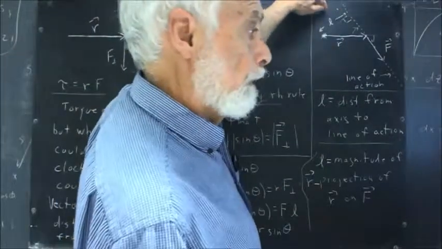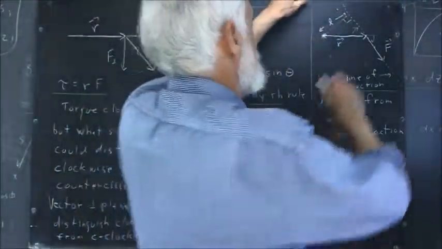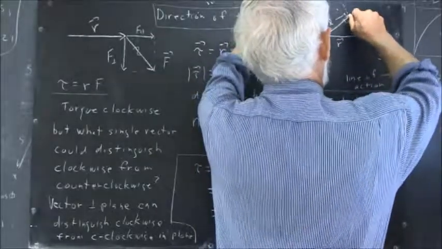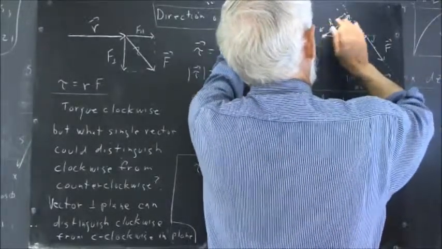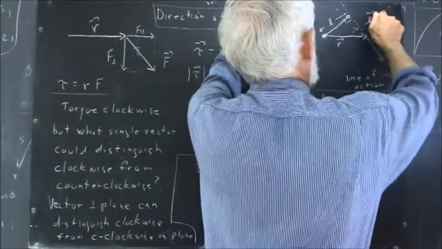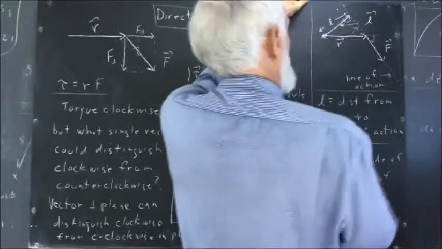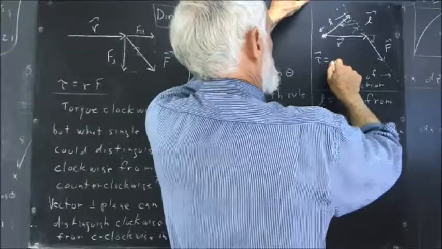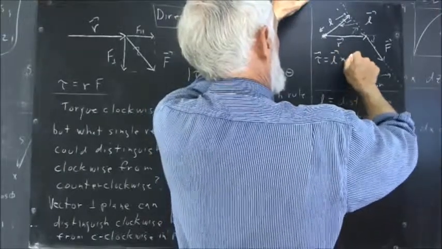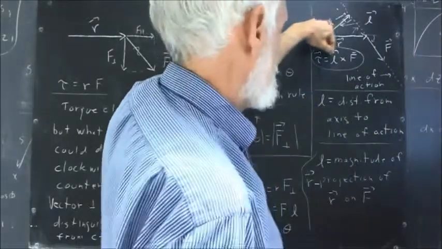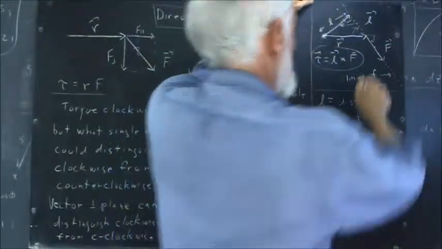This L here is called the lever arm, and if we want to make a vector out of it, then we could have the L vector, and leave it to you to verify that the torque is the lever arm or moment arm crossed with the F vector.